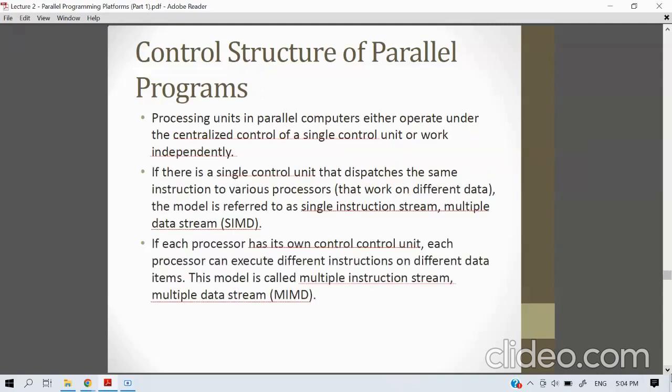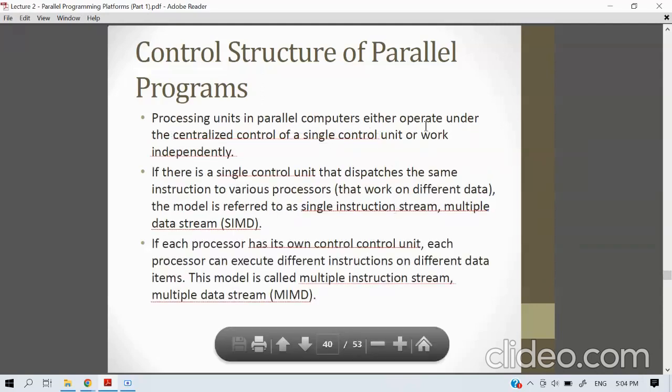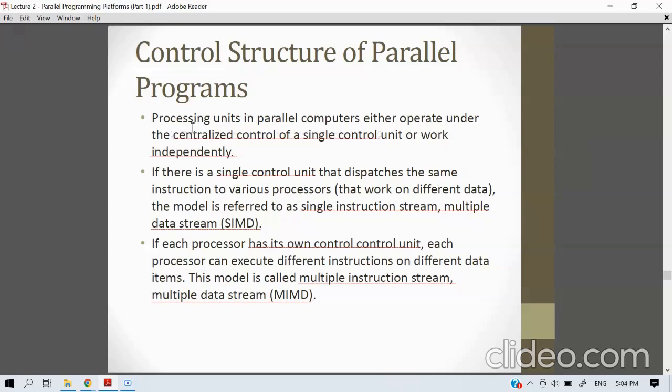Processing units in parallel computers either operate under the centralized control of a single control unit or work independently. So there are two approaches, centralized or independent. If there is a single, centralized control unit that dispatches the same instruction to various processors that work on different data, this model is called single instruction stream, multiple data stream.